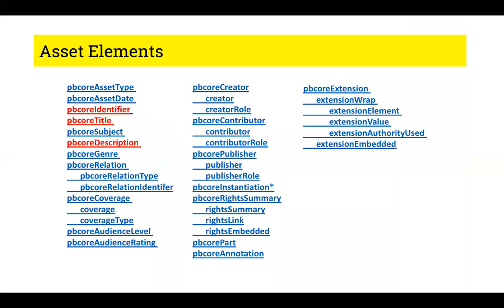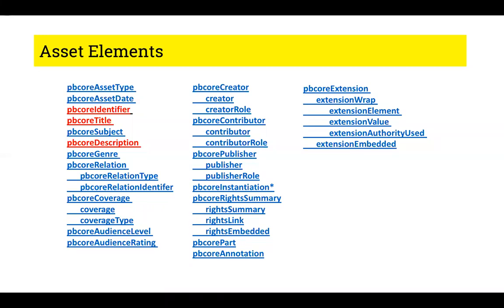And here are some of the elements that we track on the asset level. Elements essentially are a way to describe and store data in a self-explanatory manner according to a structured vocabulary. So what you'll see here is that we have asset type, asset date, identifiers, subjects, et cetera, and each of these things describes something at an asset level versus an instantiation level.